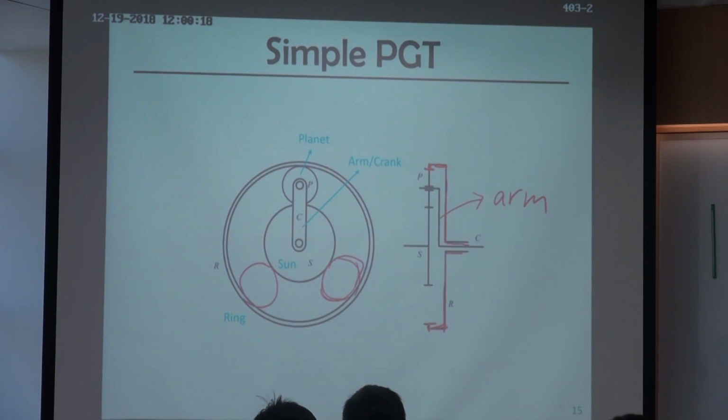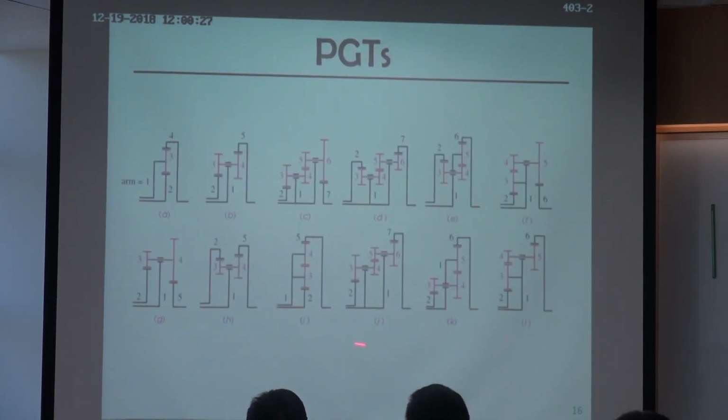It's just a simple representation of a planetary gear train. And there are many different variations. This one is the simplest and can have more. So for this one, you also have a compound gear train within this planetary gear train, and this one has multiple compound gear trains. Yeah.